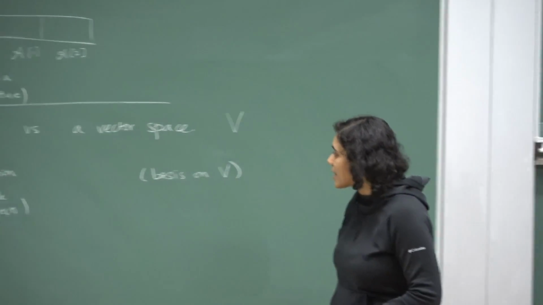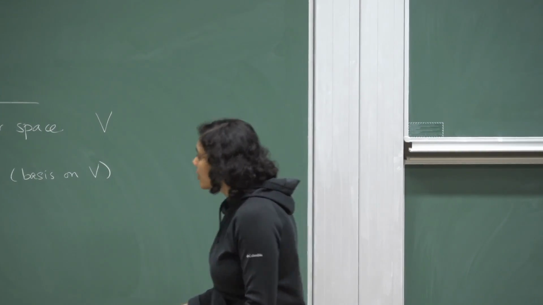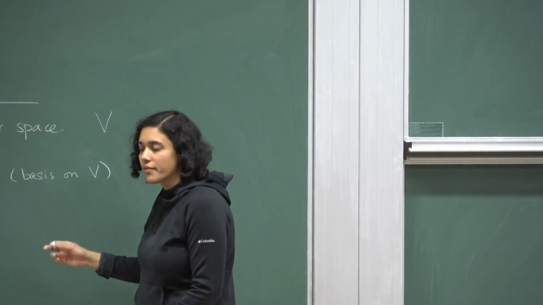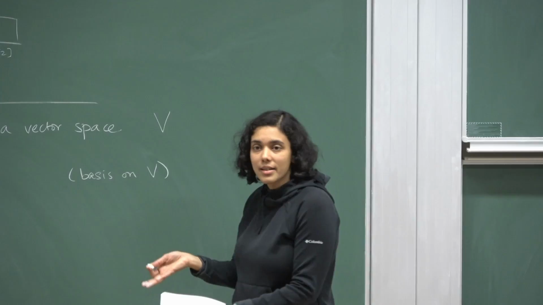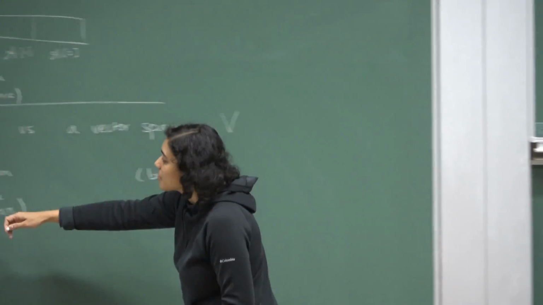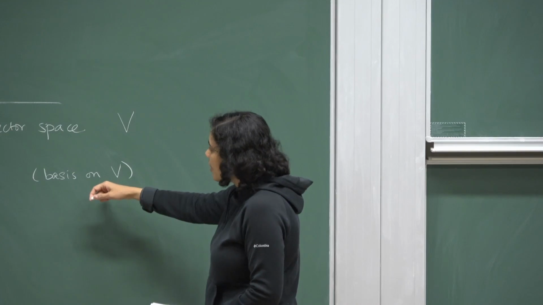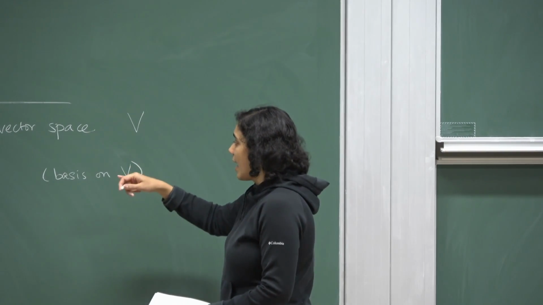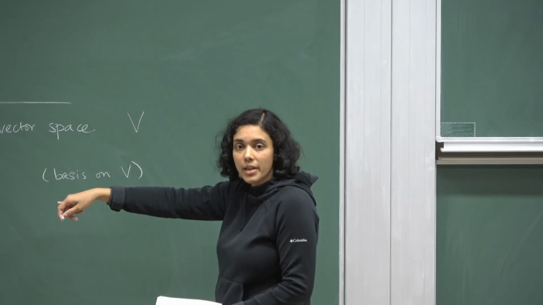The important point is that there are many choices of bases on V, and what's the point of choosing a basis? It's not just any old collection of vectors, it's a collection of vectors that satisfies some linear independence and spanning conditions, so that's similar to the conditions that these objects have to satisfy. And moreover, every object in V has a unique expression in terms of this basis, and that's the kind of feature we get here as well.